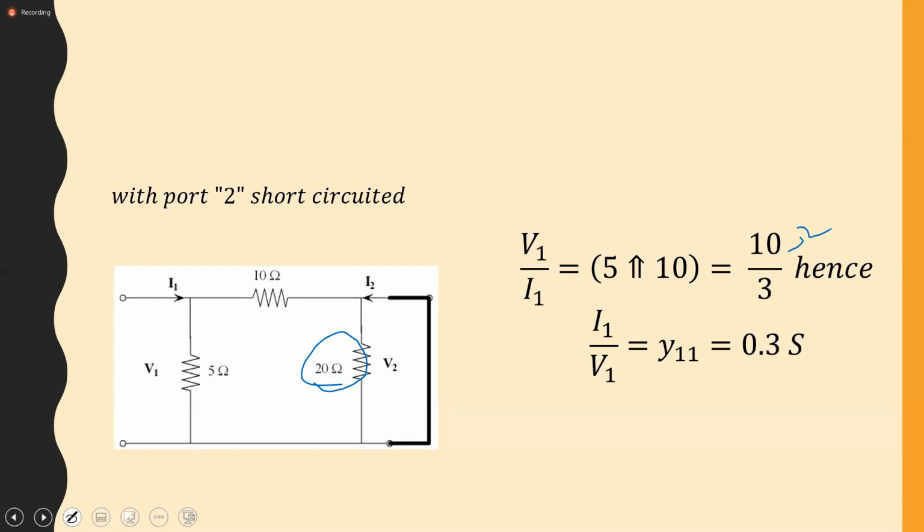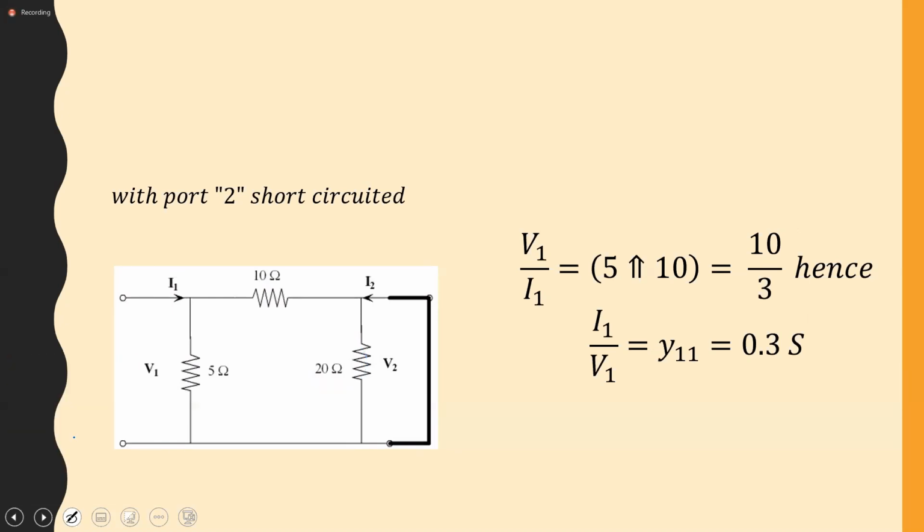Which means, therefore, that I1 over V1, which is Y11, is equal to 0.3 Siemens. So Y11 is 0.3. Everybody comfortable with that?